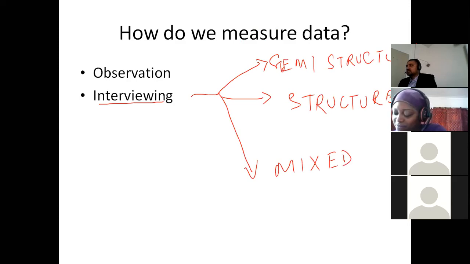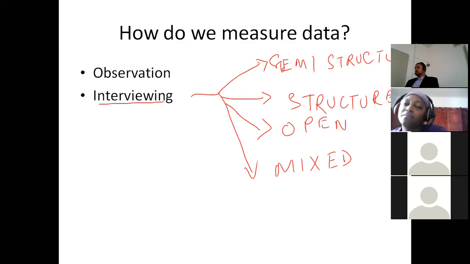Your semi-structured interviews typically will have a fixed bunch of questions. They are open-ended questions. I have to say open interviews too. And your textbook only talks about structured and semi-structured.